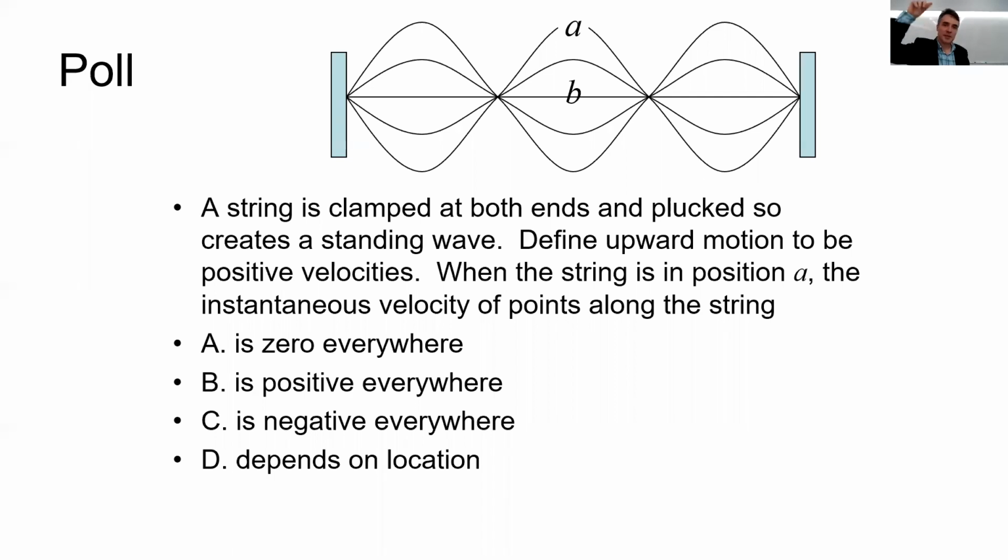So when the string is in position A, what is the instantaneous velocity of all these different points? Let's launch a poll. Is it A, it's 0 everywhere, B, positive everywhere, C, negative everywhere, or D, depends on location? I guess A is when it's at the maximum, right?